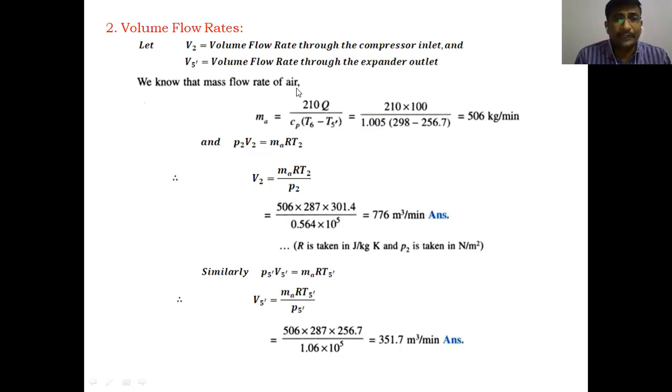We know the formula for the mass flow rate of air: 210 into Q equals MA Cp into T6 minus T5 dash. That means MA Cp into the temperature rise in the cabin gives the cooling load. The cooling load is given as 100 tons of refrigeration, 100 into 210 kilojoules per minute. Therefore, MA equals 210 into 100 divided by 1.005, the specific heat of air, into the temperature in the cabin, 298 kelvins, minus T5 dash, the actual temperature before entering the cabin, 256.7.